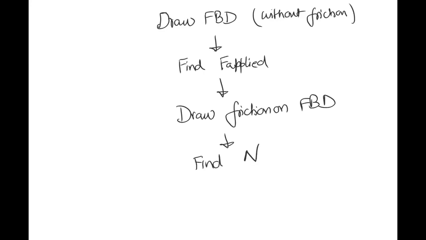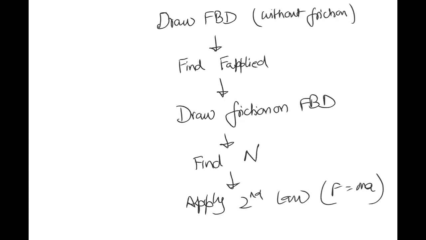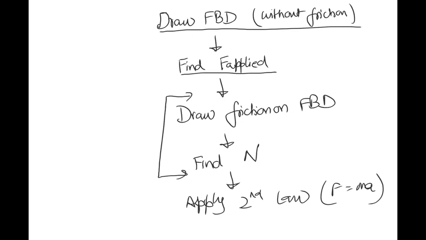Find N. Apply second law. Right? पहले FBD बनाइए, F applied निकालिए. ये दोनों को आप इंटरचेंज कर सकते हैं, कोई फर्क नहीं पड़ता है. Draw friction on FBD, find normal reaction, and apply second law.